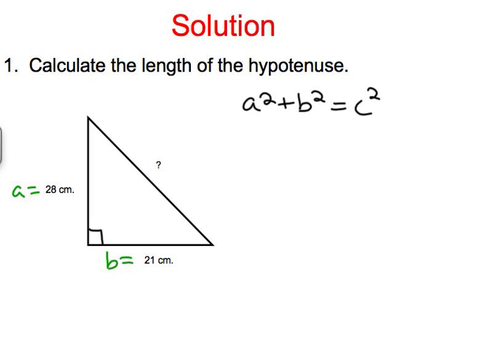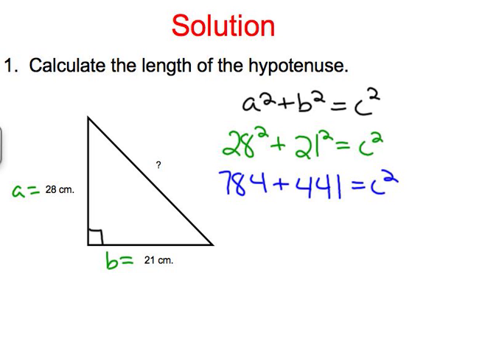Okay, let's go ahead and plug in 28 for a, 21 for b. 28 squared is 784, 21 squared is 441.